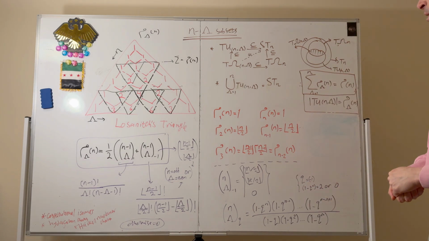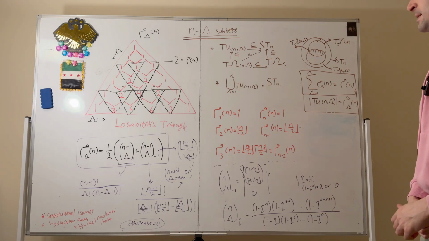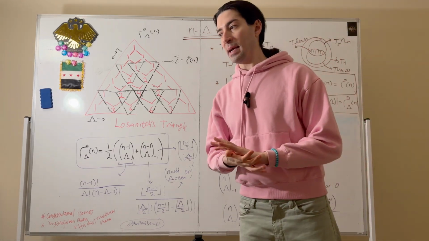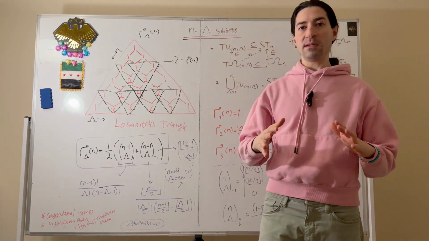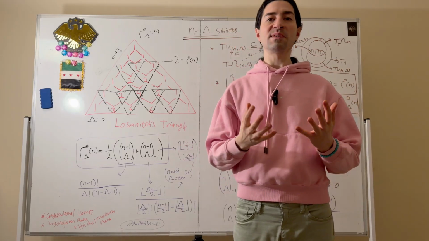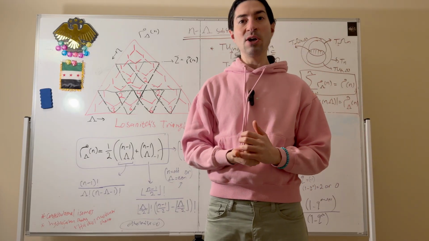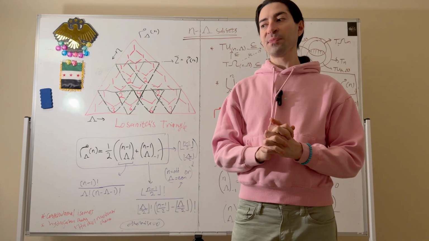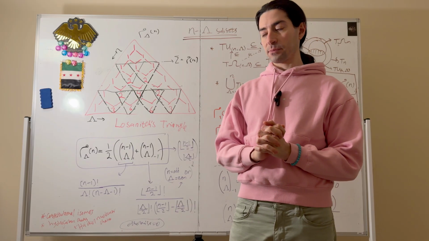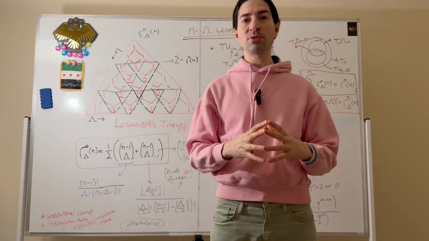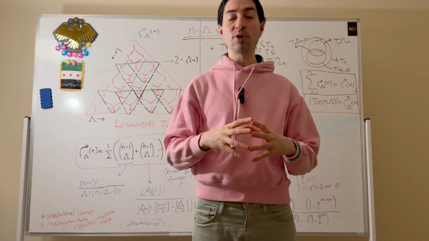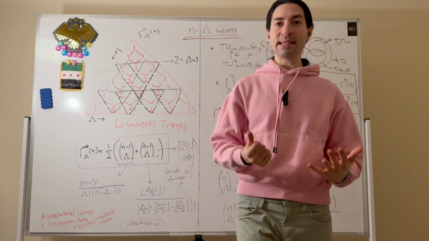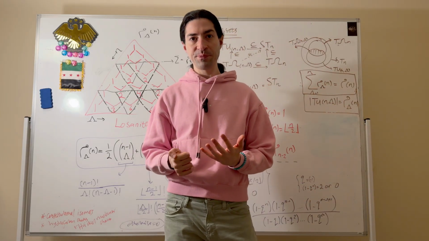So to begin with, let's define an n lambda subset. An n lambda subset is a set of sectoral structures of degree n and order lambda. So for example, if we have the complete sectoral set ST4, that includes 6 sectoral structures.